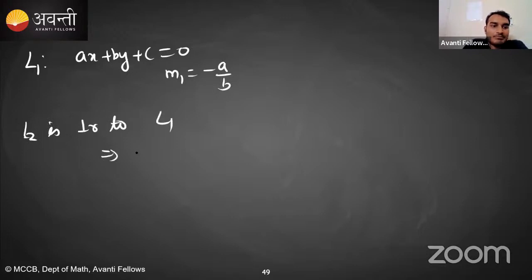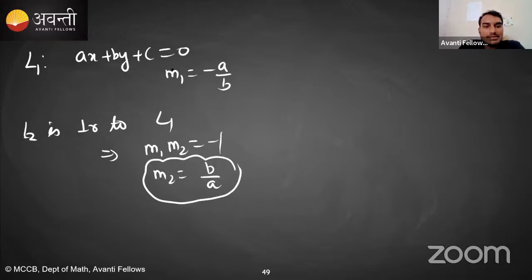So if L2 is a line which is perpendicular to L1, what should m1 m2 be? -1. It implies m2 should be b by a. So automatically, if one slope is given, you can calculate the slope of the second line by using m1 into m2 is equal to -1, because the L2 line is perpendicular to the L1 line.